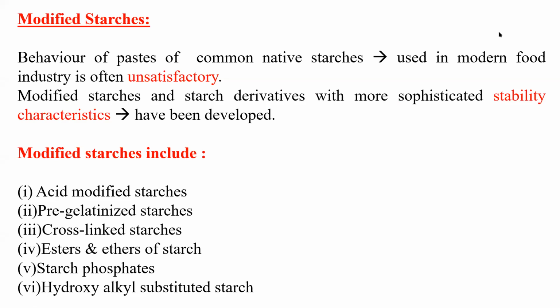Modified starches and starch derivatives with more sophisticated stability characteristics have been developed to meet different purposes and to produce varieties of food products. Modified starches include acid modified starch, pre-gelatinized starch, cross-linked starches, esters and ethers of starch, starch phosphates, and hydroxyalkyl substituted starch.